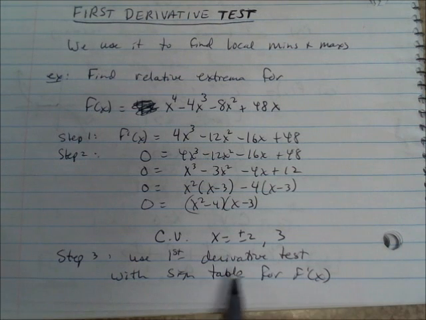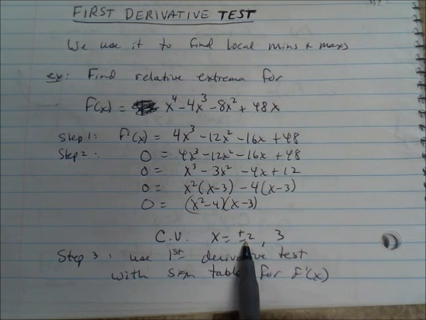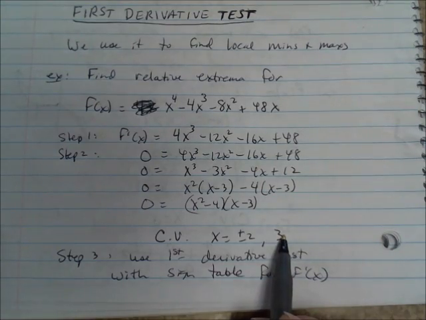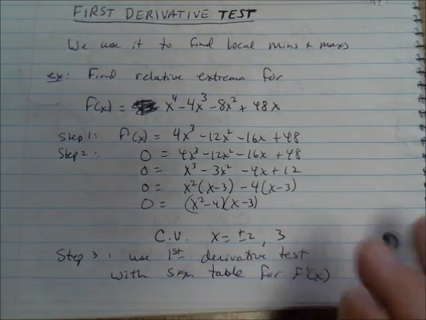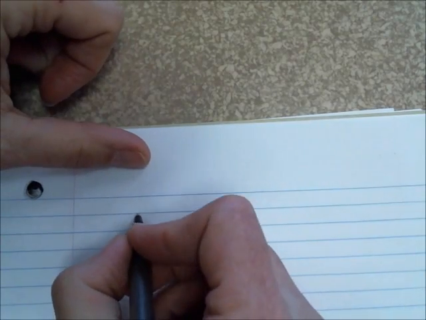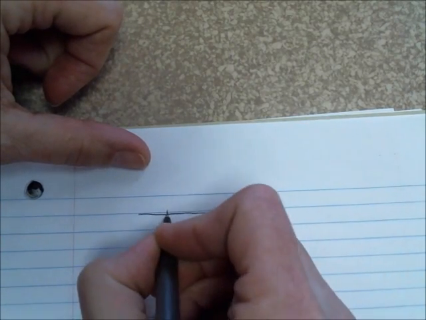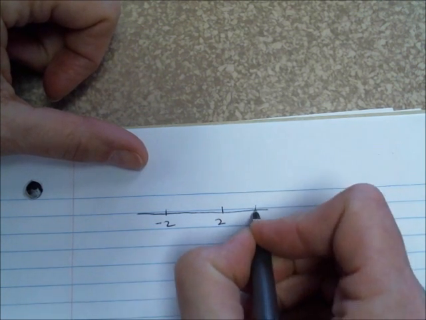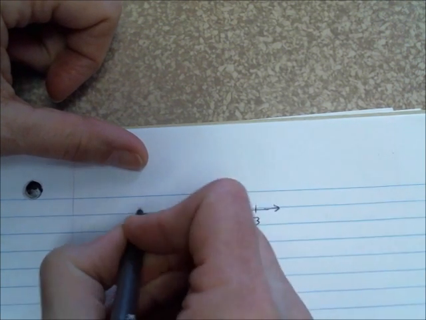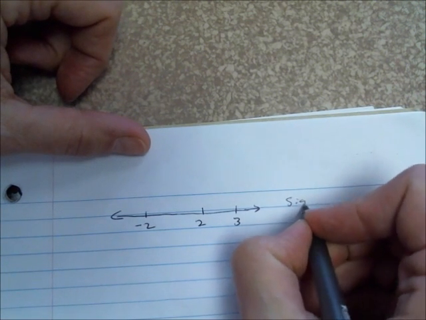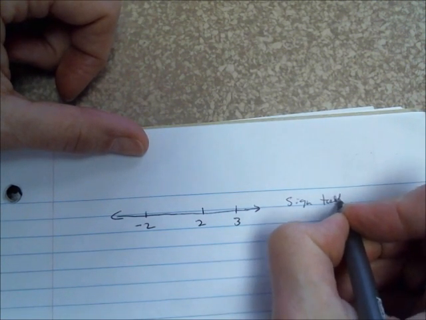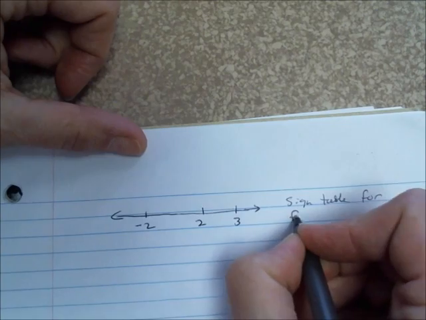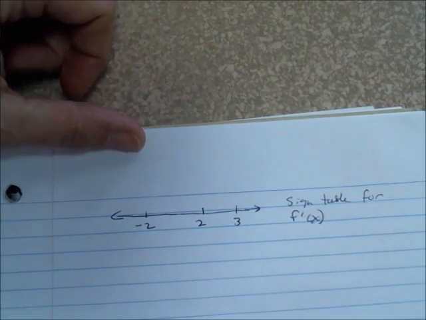All right, so what we're going to do is just set up a sign table with x equals negative 2, x equals positive 3, and x equals positive 2 on it. So here's negative 2, here's positive 2, and here's positive 3, and we're going to indicate this is the sign table for f prime of x.